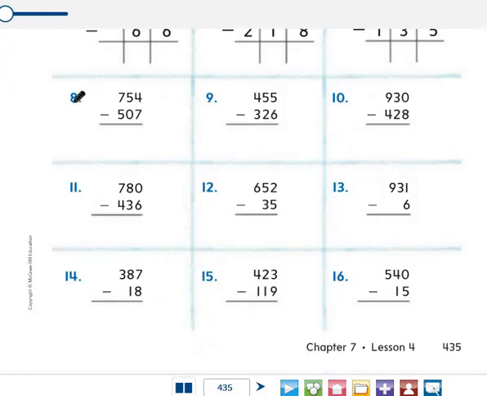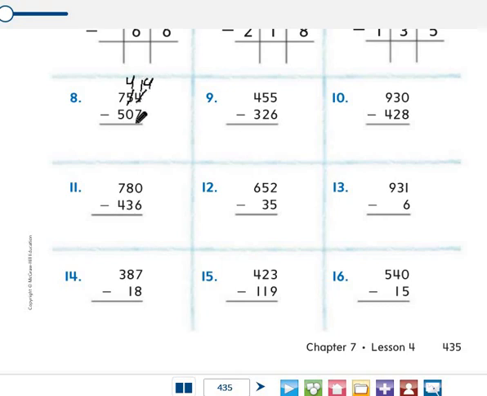Let's solve the question number 8 together. 754 minus 507. Let's subtract ones. 4 minus 7 equals what? We don't have enough ones, so we have to regroup. So this 5 is gonna be 4. And this 4 is going to be 14.